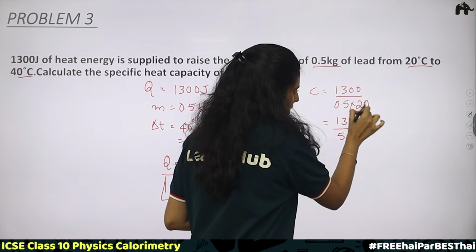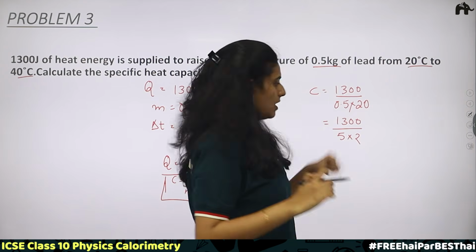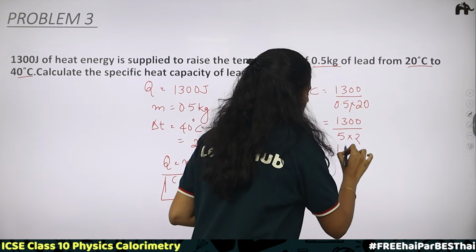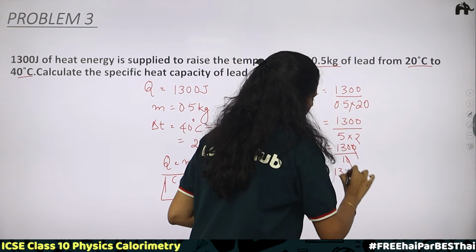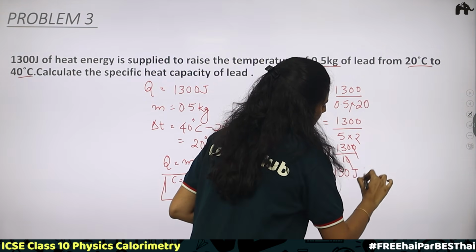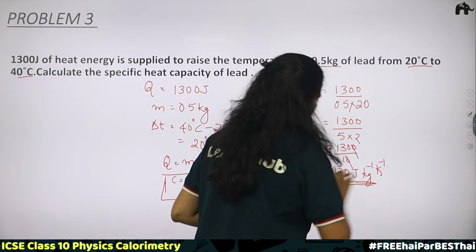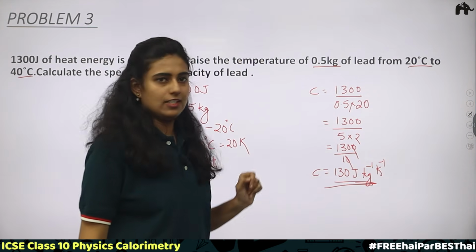The 0 is used to remove this decimal mark. So 5 into 2 is 10. 1300 by 10, cancelling 0, we get 130. And the unit is joule kilogram inverse Kelvin inverse. Okay, specific heat capacity is 130 joule kilogram inverse Kelvin inverse.